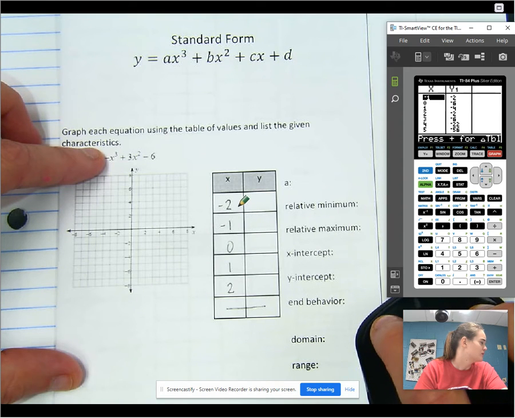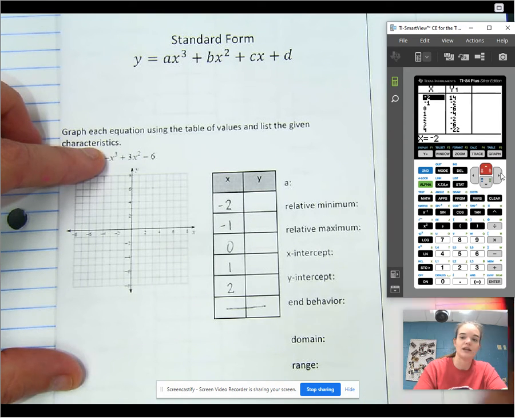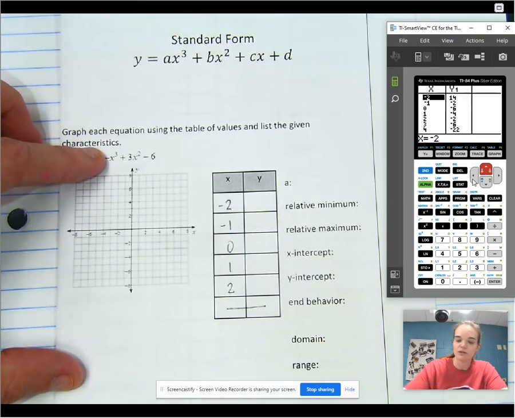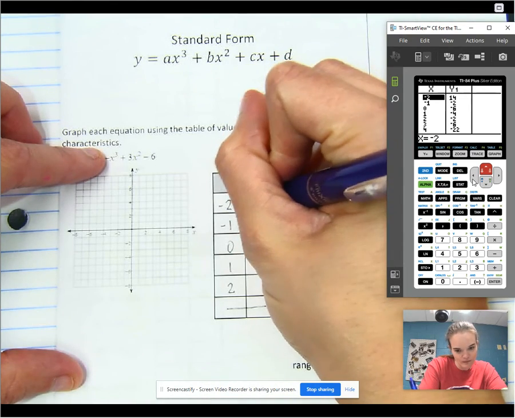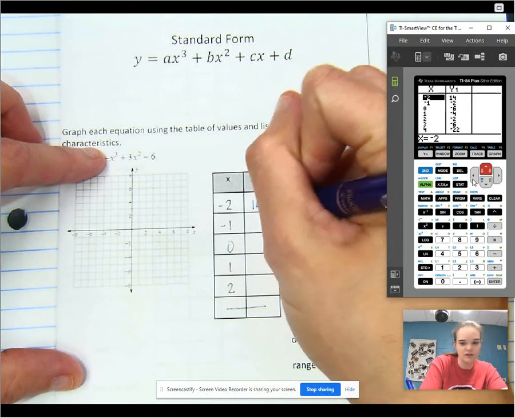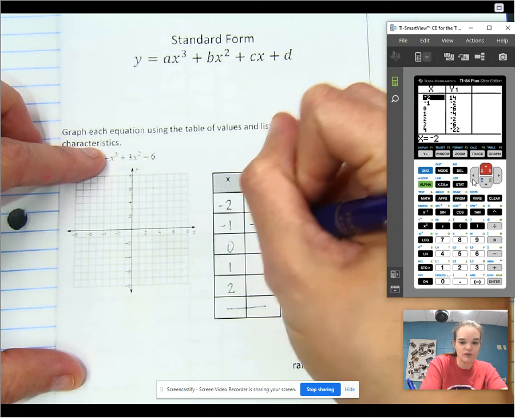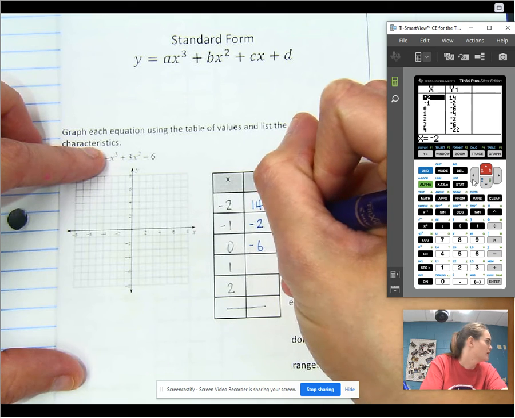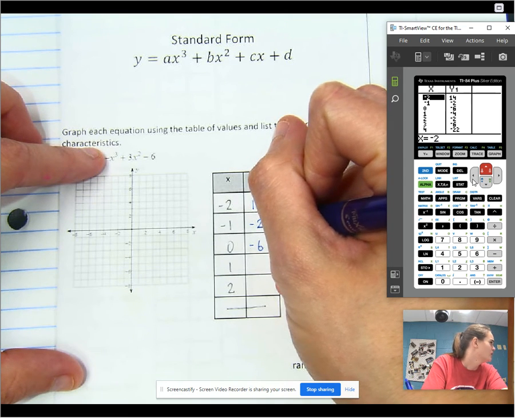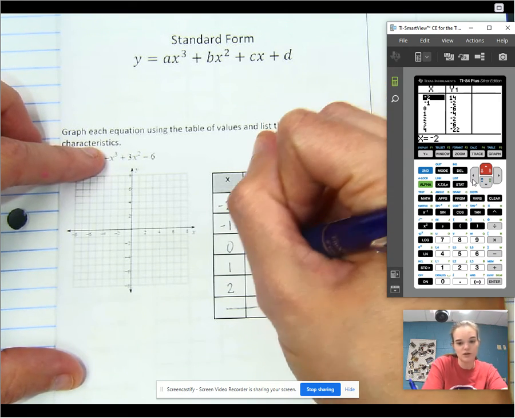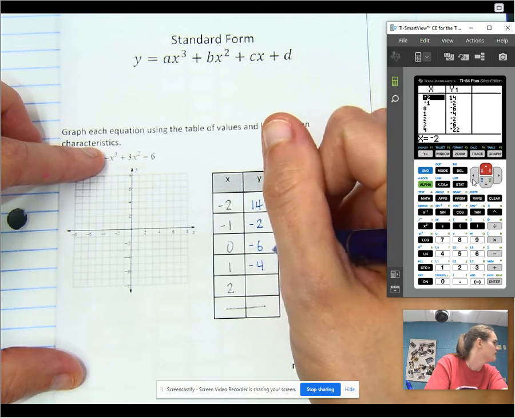Okay, I'm starting with -2, so I'm going to go up to find -2. -2 is at 14. -1 is at -2. 0 is at -6. 1 is at -2. No, 1 is at -4. 2 is at -6.